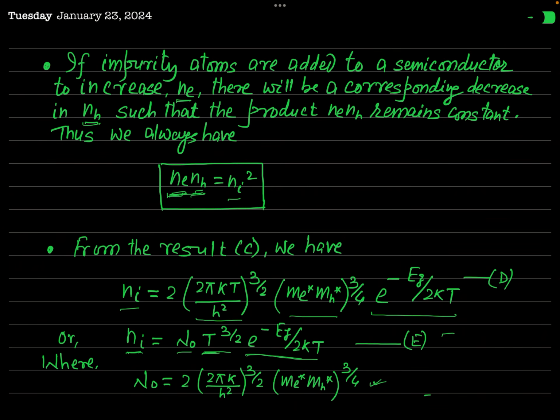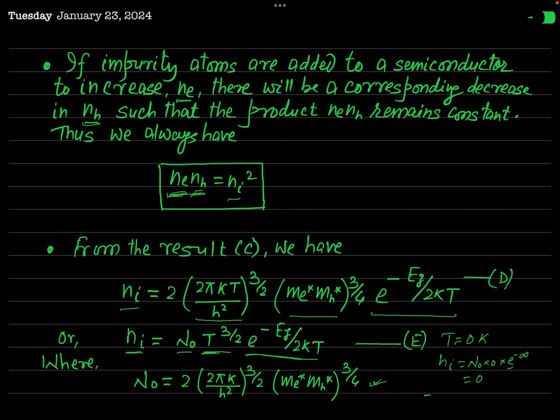If you are talking about a temperature T equal to 0 K, let us see what Ni will be. When T is 0, Ni will be N0 times 0, because T is 0, and times e to the power minus infinity, which is also 0. So this will finally be 0.